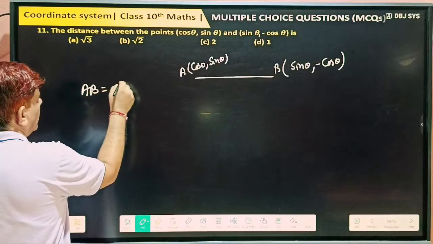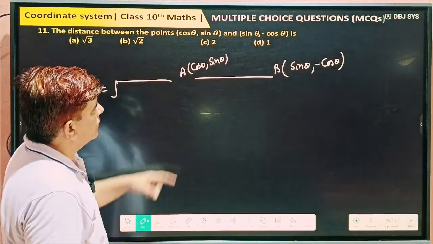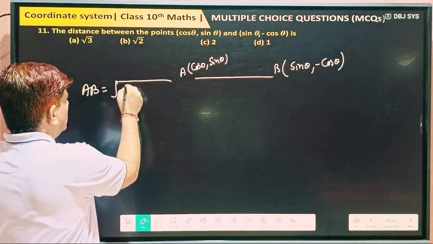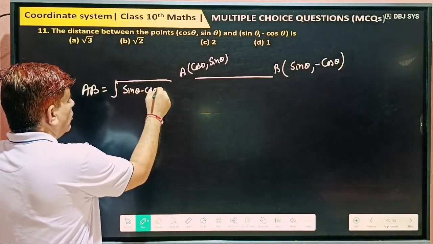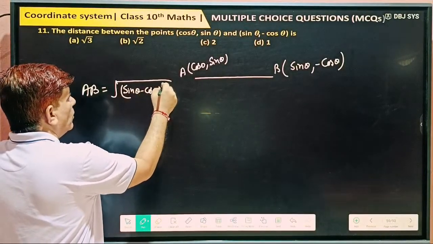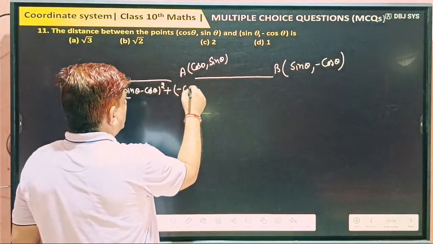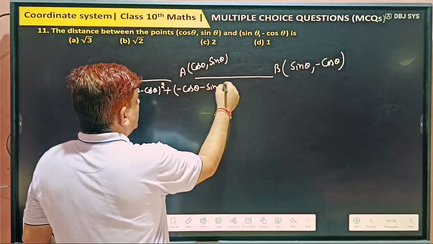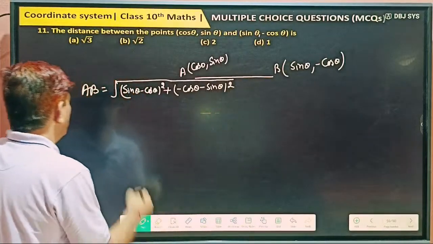AB is equal to under the root of (sin theta minus cos theta) whole square plus (minus cos theta minus sin theta) whole square, till here. Solve it.